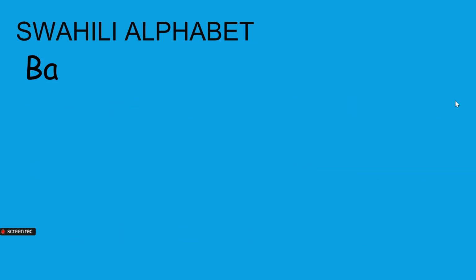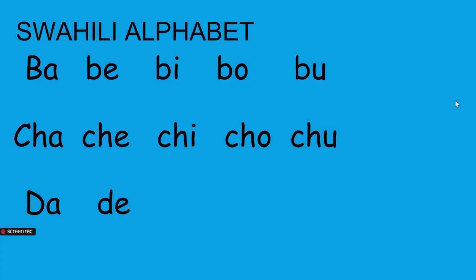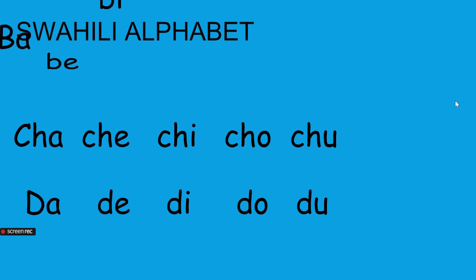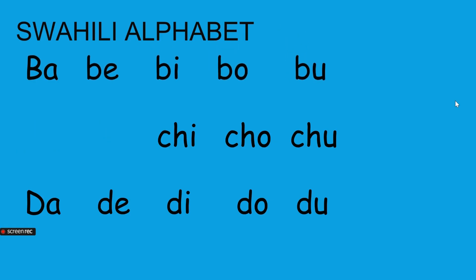Okay. Now, here we have the vocali combining with consonanti. So we'll have ba, be, bi, bo, bu.